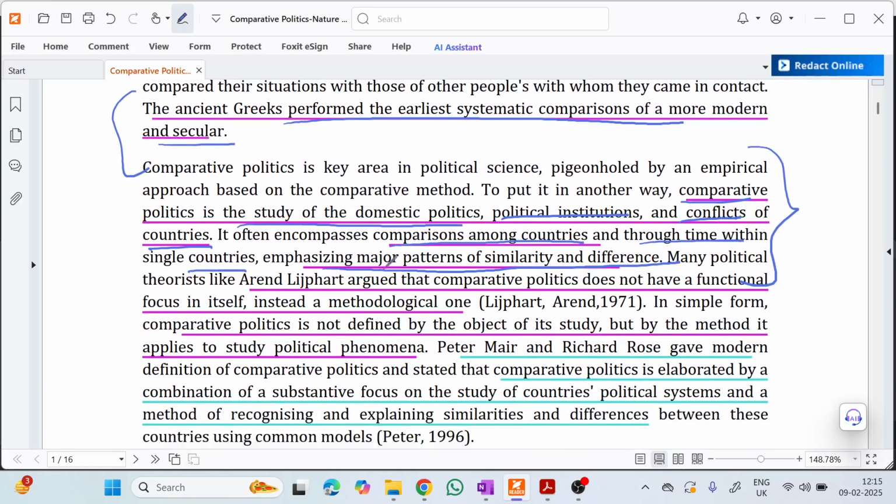Comparison is there to figure out major patterns in polities, major patterns in political activity, patterns in the political system, and to find out similarities and differences, so that such lessons can be integrated into the political system of a particular country.